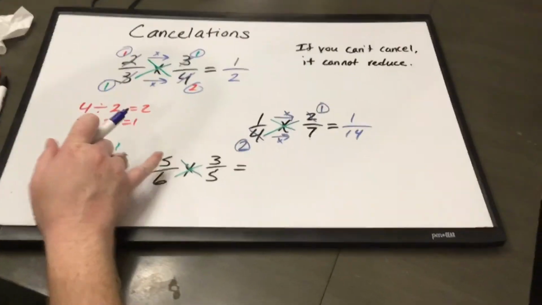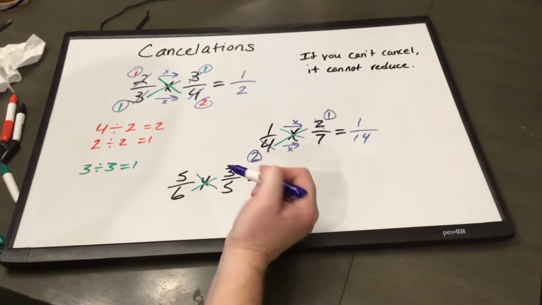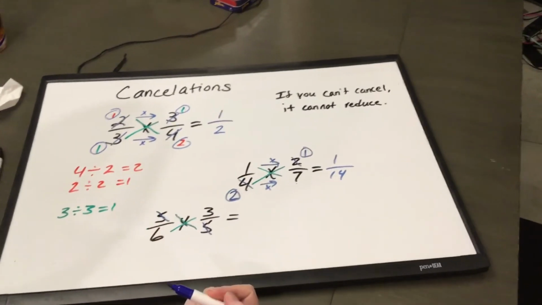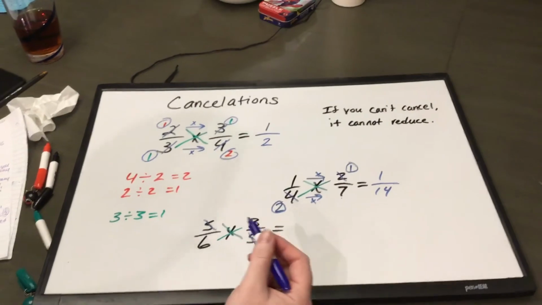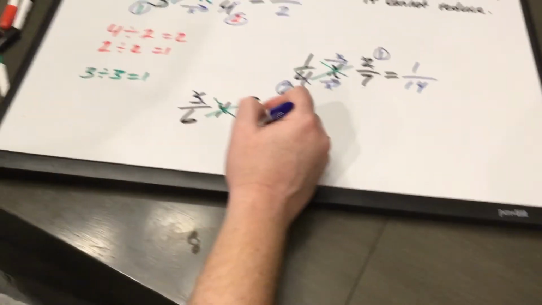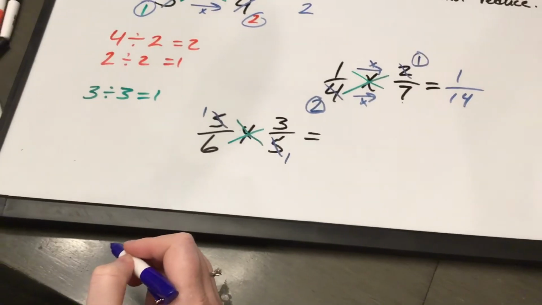Can 5 and 5 reduce or cancel out? Yes, they can. We can do 5 divided by 5 into both of those. And our new numbers are 1.